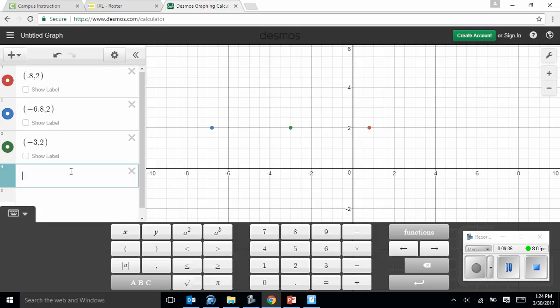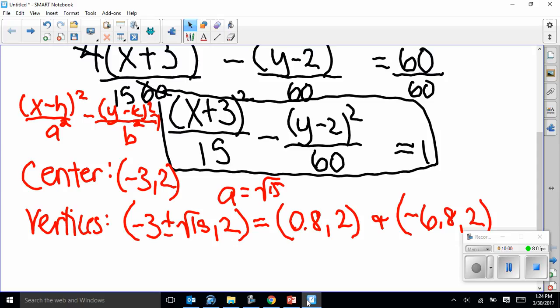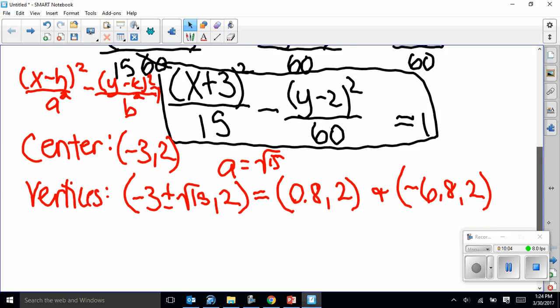So the next thing we need to do is to find our asymptotes. So our asymptotes were at y equals k plus or minus b over a, parenthesis x. So let's go back to notebook so we can find our asymptotes.